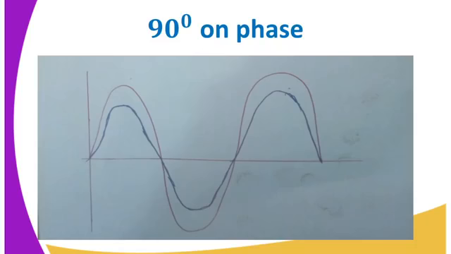I want you to compare the frequency of the two waves: they are the same, but the amplitude of the wave in blue is half that of the wave motion in red. This is what is explained as the wave being 90 degrees in phase, meaning its amplitude is half the amplitude of the initial wave, and the two waves are traveling at the same velocity.